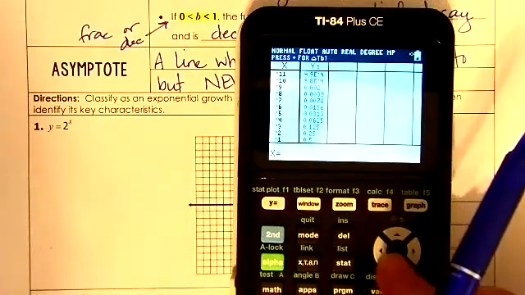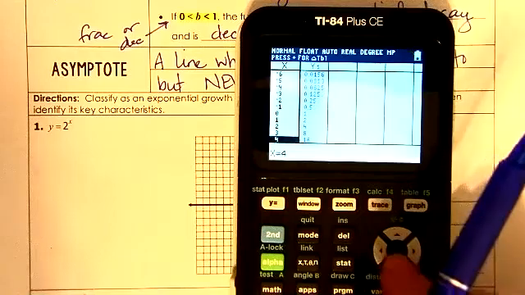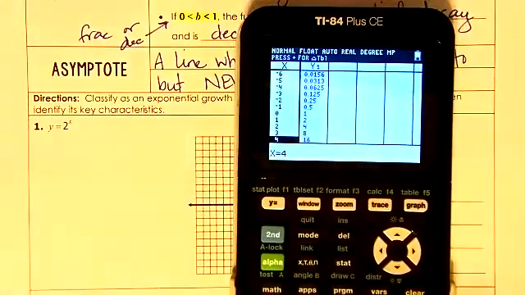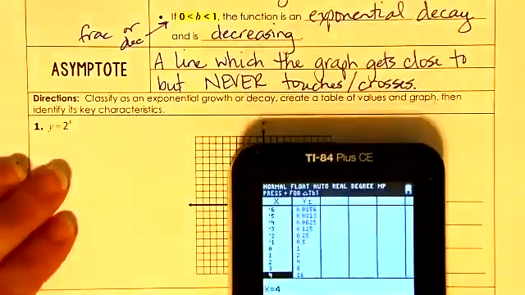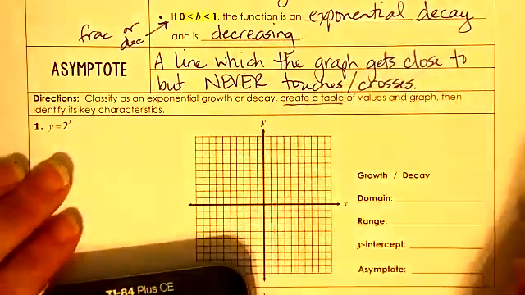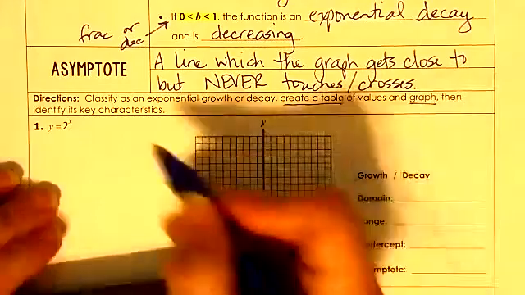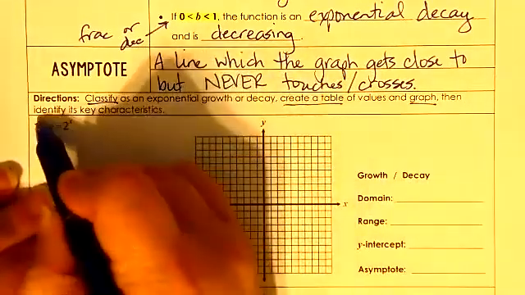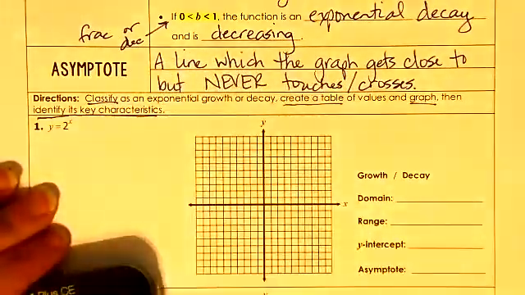So according to our directions, it says to classify as an exponential growth or decay, create a table, graph, and then identify its key characteristics. All right.